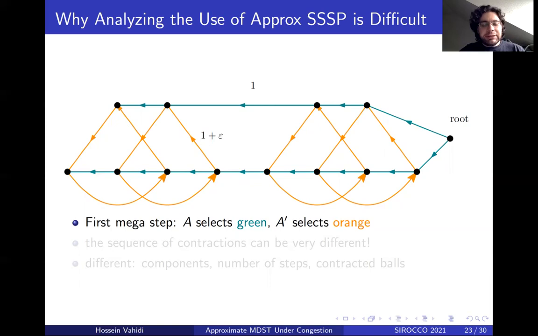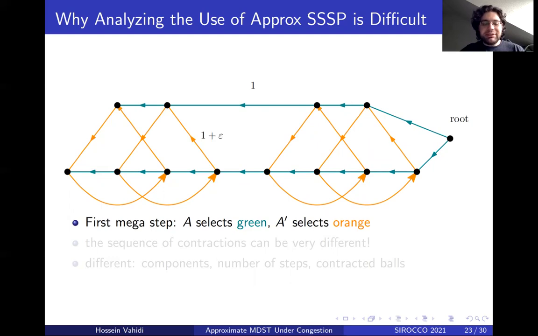But if we run the approximate one, we might end up with these orange edges in the very first mega step. As you can see, the orange edges give 5 components, compared to what the exact solution does, which gets the whole solution in the first mega step.